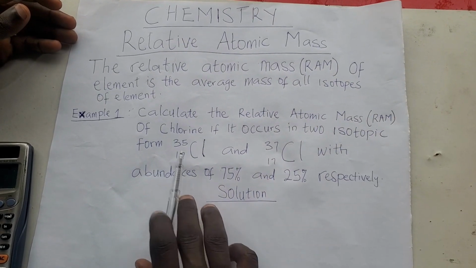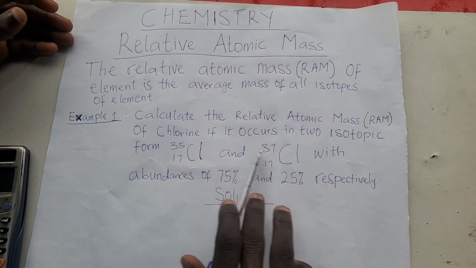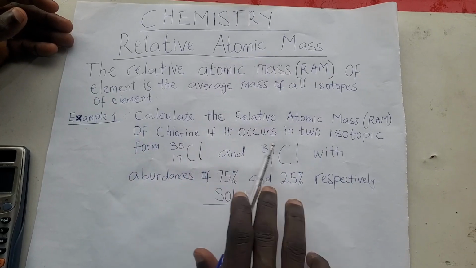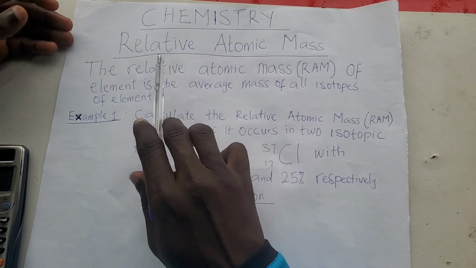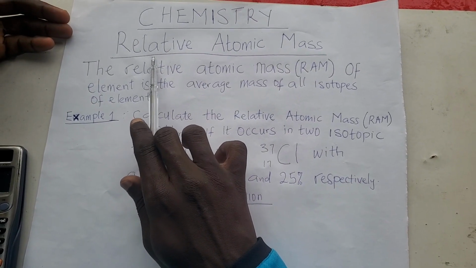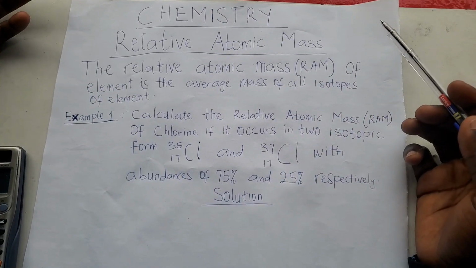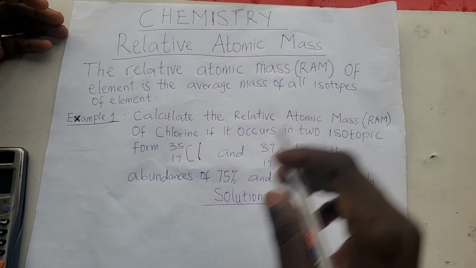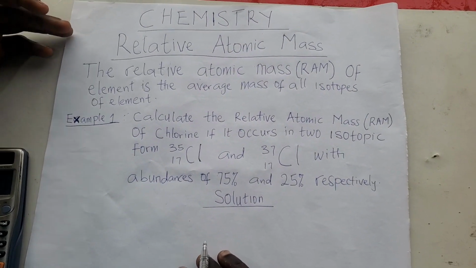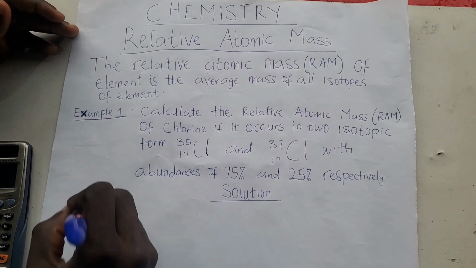Okay, now how are we going to calculate the average of these two masses? That is when relative atomic mass comes into place. All right, let's write relative atomic mass.